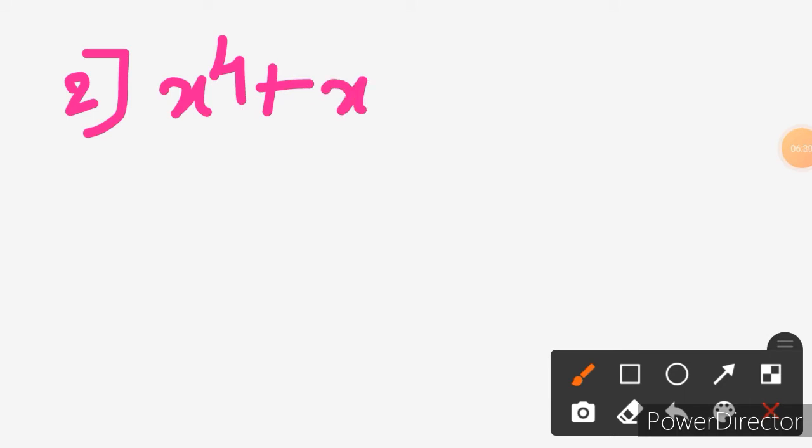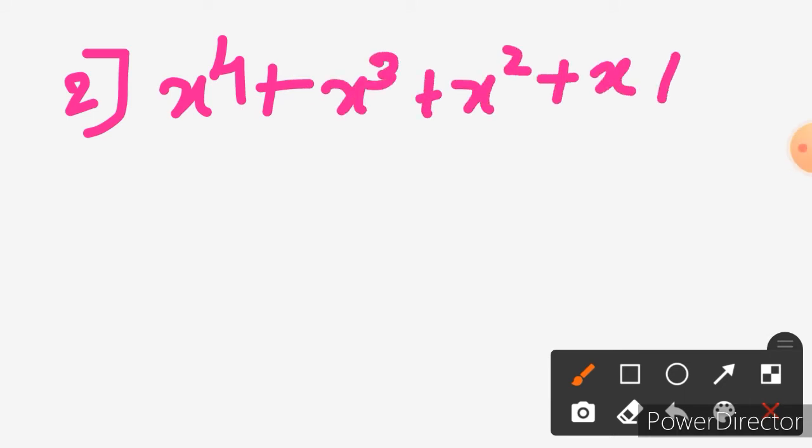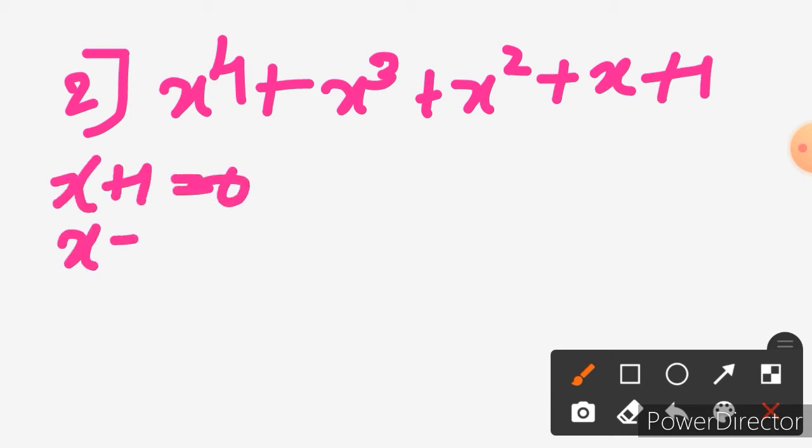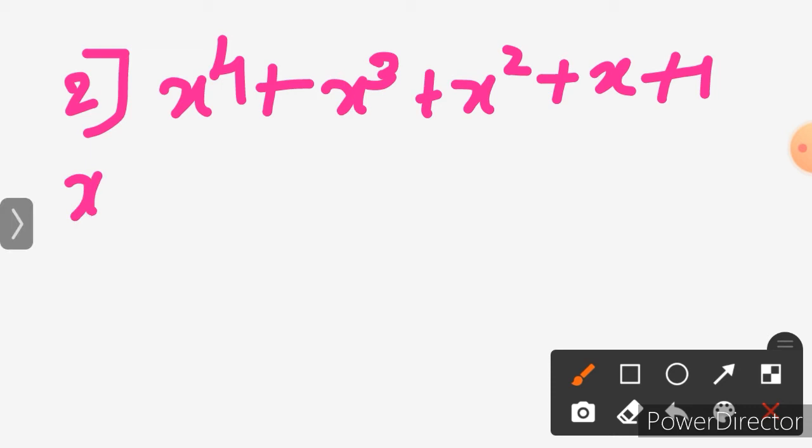the second problem. For this polynomial, let us check whether x plus 1 is a factor or not. So x plus 1 is equal to 0. If I equate, I'll get x value is equal to minus 1. So I will directly substitute here. X is equal to minus 1.